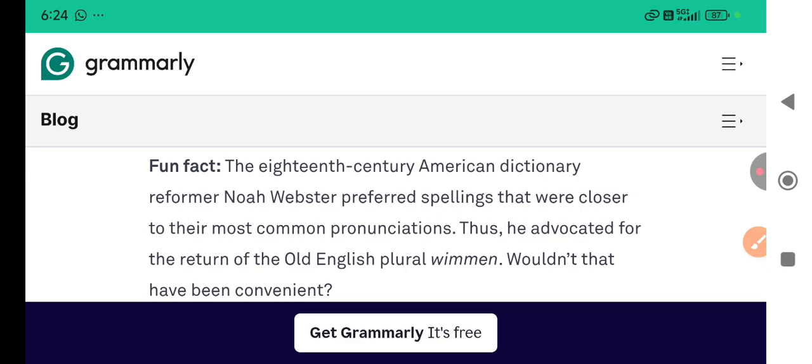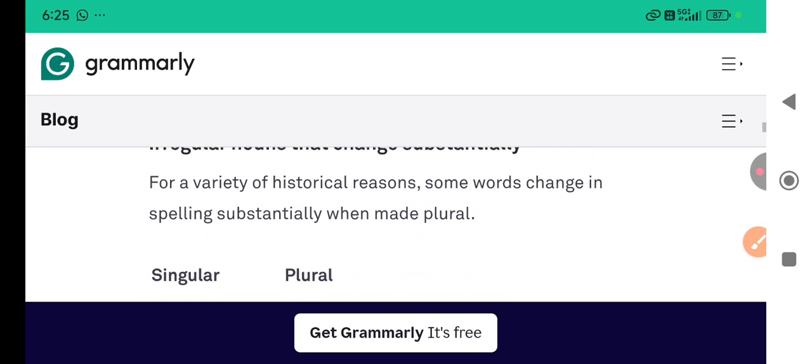Thus, he advocated for the return of the Old English plural women. Won't that have been convenient?